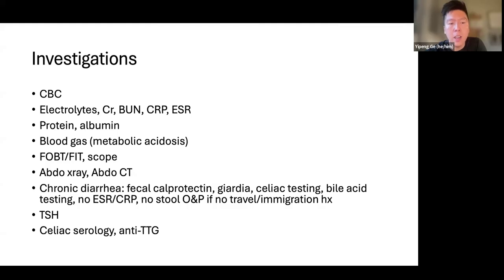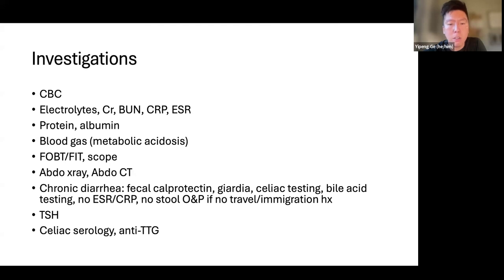For chronic diarrhea, you could do a fecal calprotectin, Giardia, celiac testing, and bile acid testing. And it's actually recommended to not do ESR, CRP, and stool ova and parasites if no travel or immigration history.